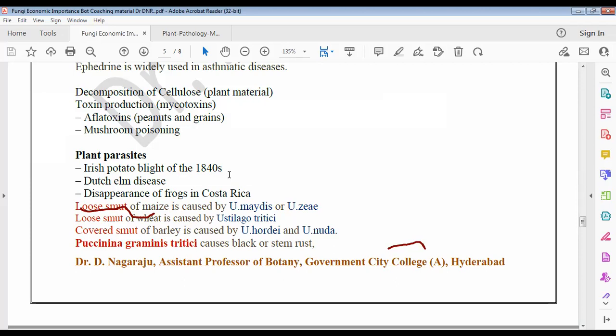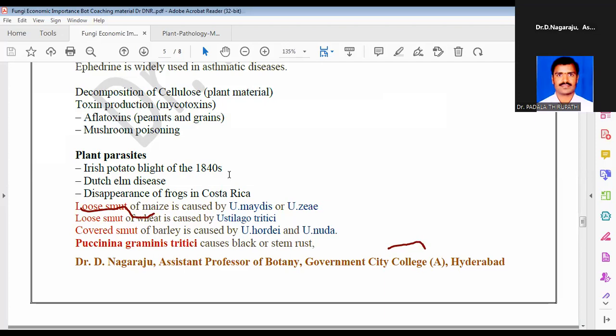The total potato crops vanished in the British Irish area. Their major food is the potato, like rice in our area. They use the potato as a starch source.